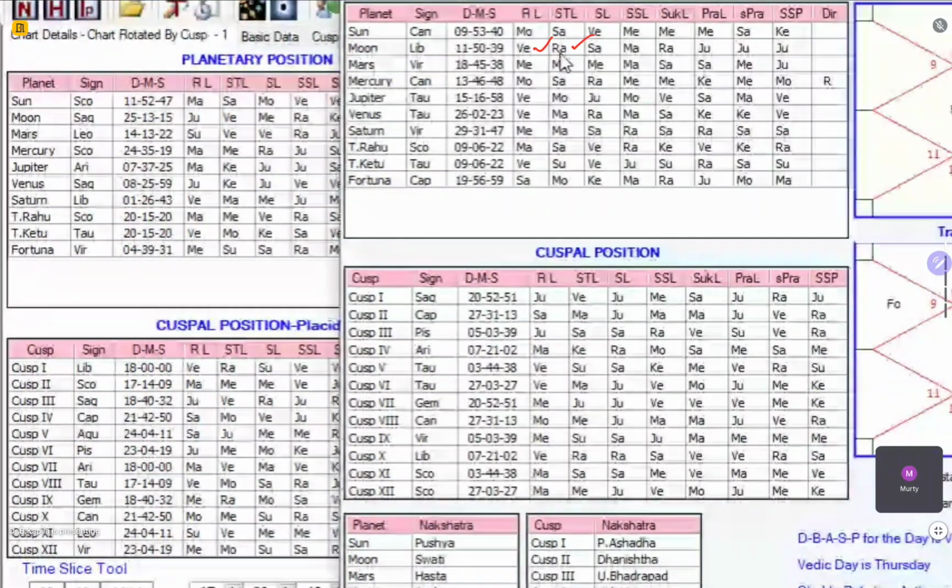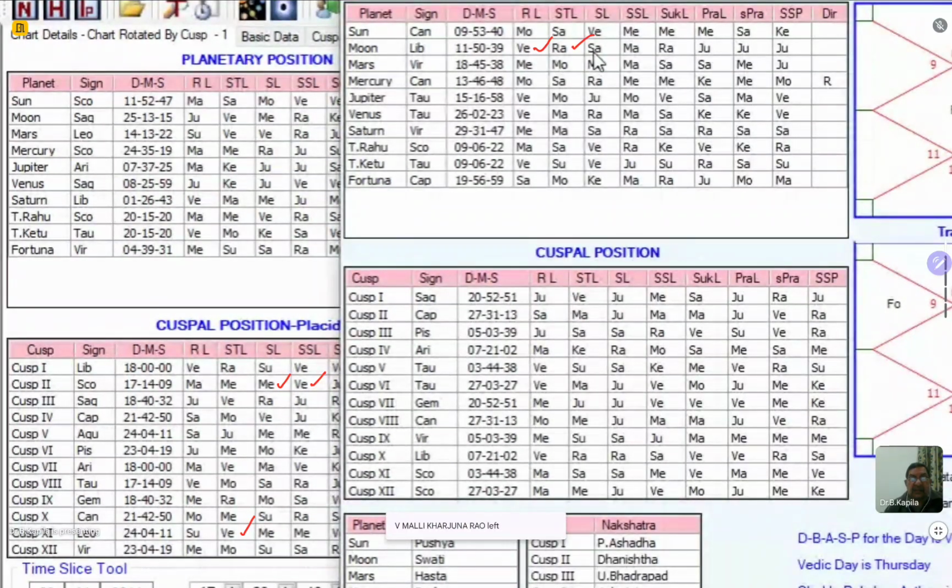See, the transit of moon is very important, na? So Venus is co-ruler of two. Rahu is Mercury in the natal chart. It's a co-ruler of two. Saturn is not a co-ruler of two. It's a co-ruler of five.